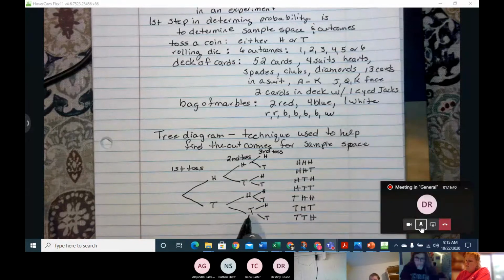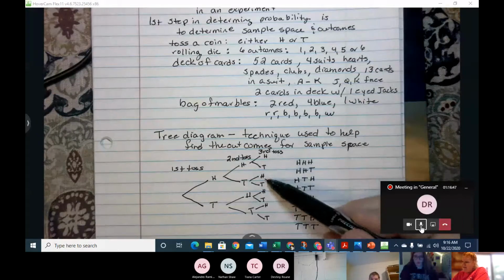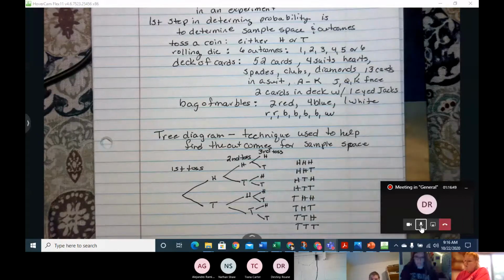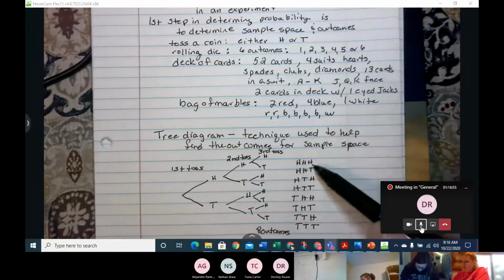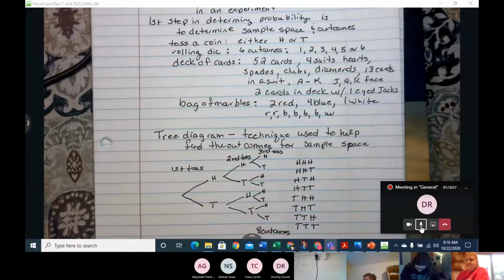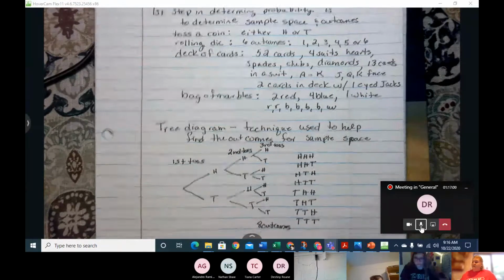And we have tails, tails, tails. If we counted up the end branches, there were 8 outcomes. And you'll notice there are 8 outcomes in our list.